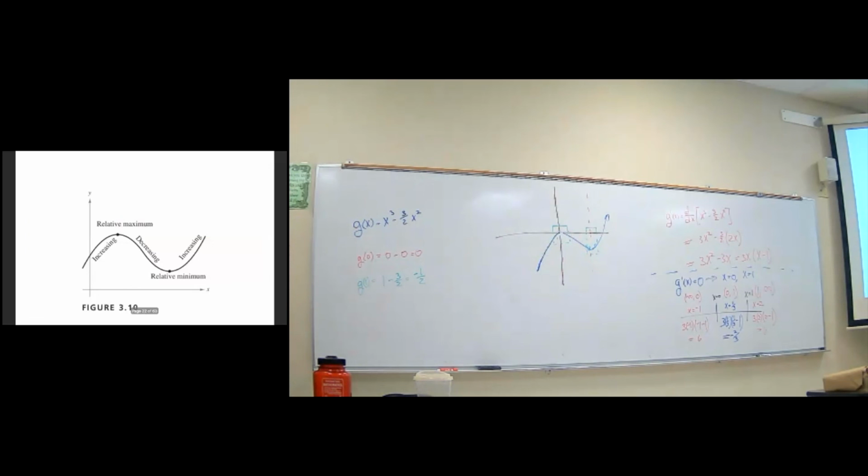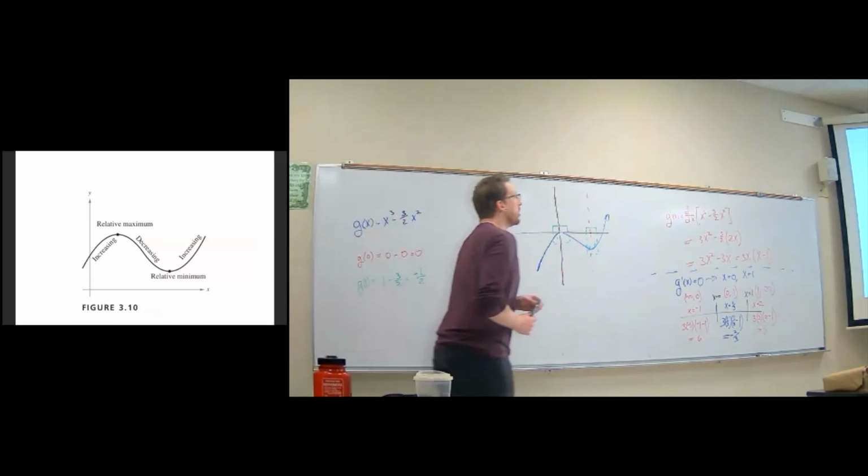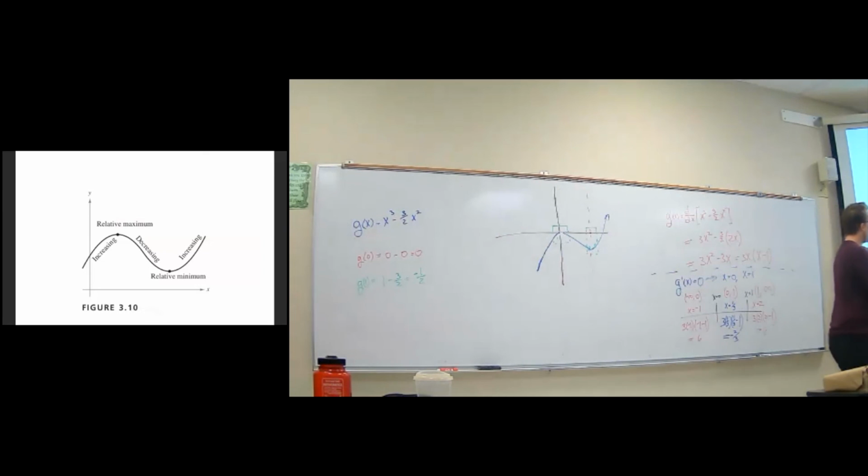So here, we've got a c value, jiggle your x values about it. All of those x values you get from jiggling are going to be greater than this f of c, right?